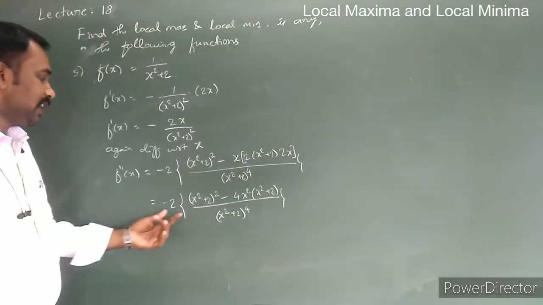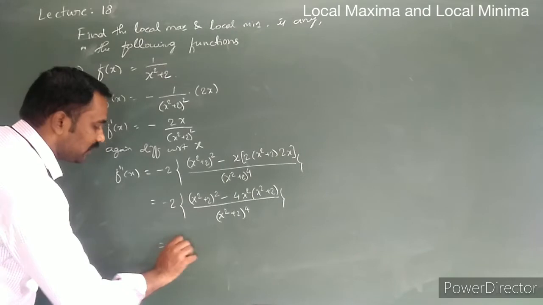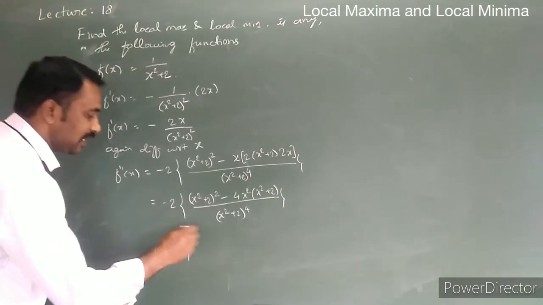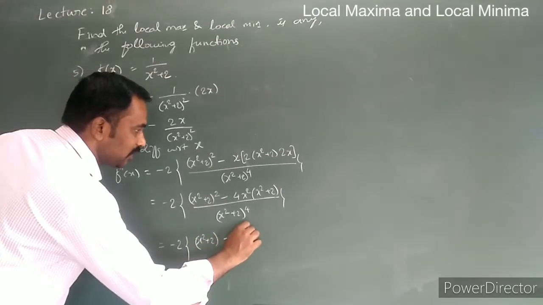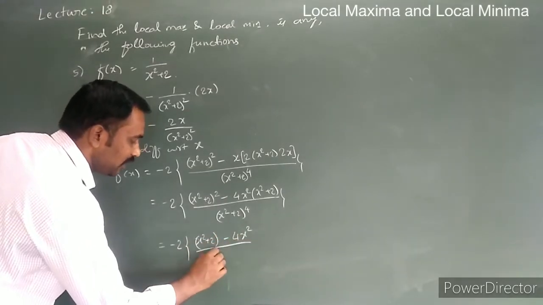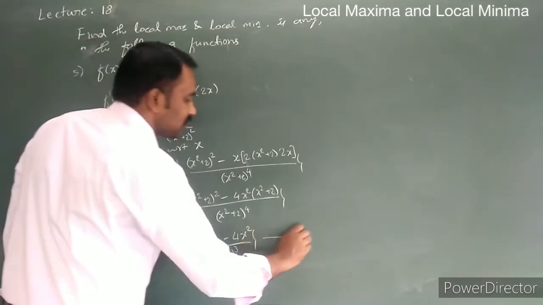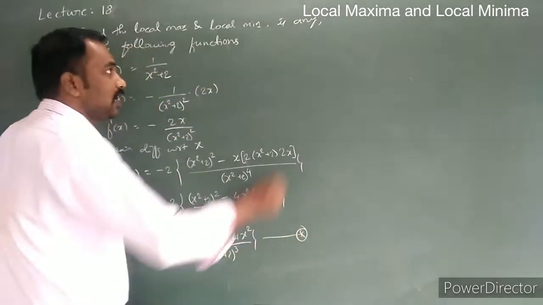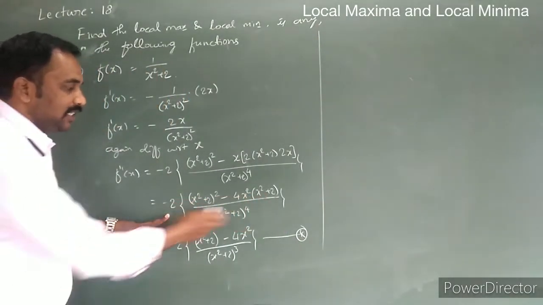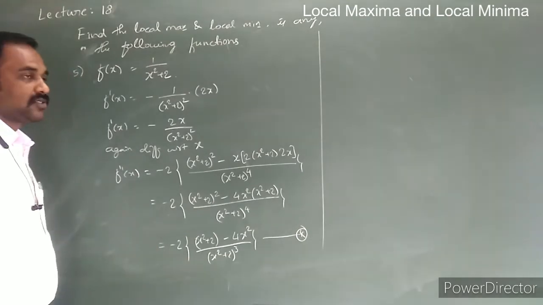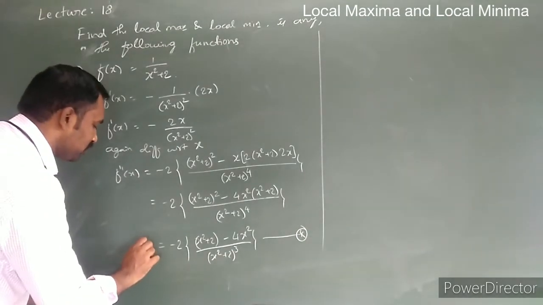One x square plus 2 can be taken common and cancelled. So we get x square plus 2 minus 4 x square divided by x square plus 2 whole power 3. Call this equation number star. Are you clear? One x square plus 2 is common and gets cancelled, and x square plus 2 whole cube is left. This is our f double dash of x.